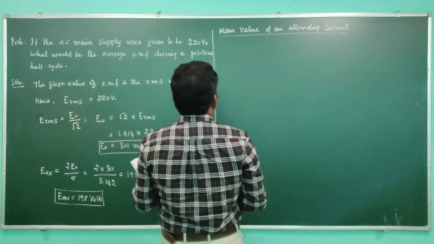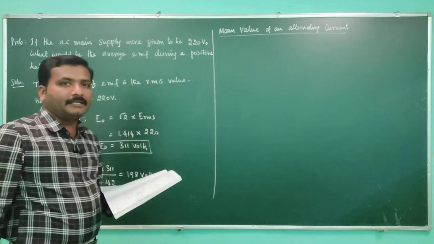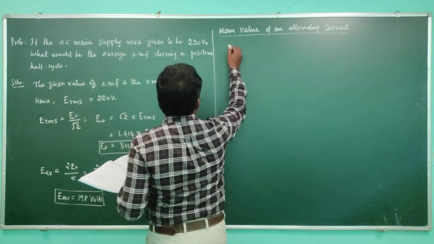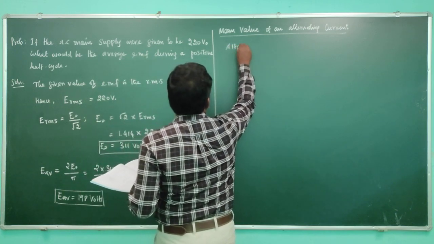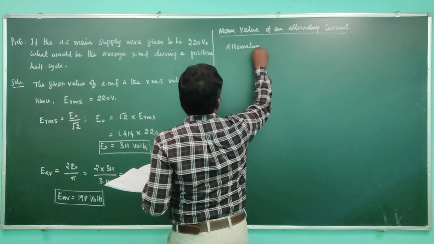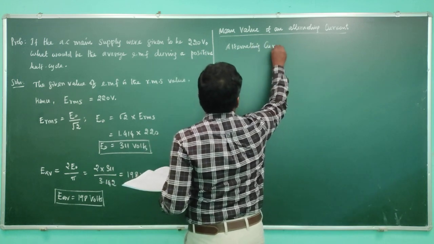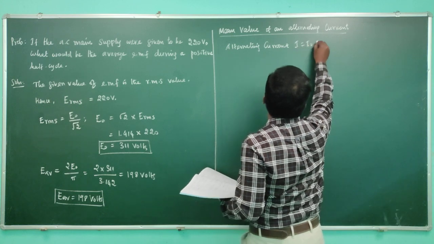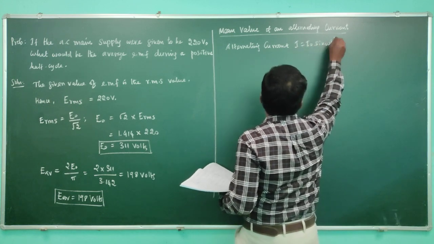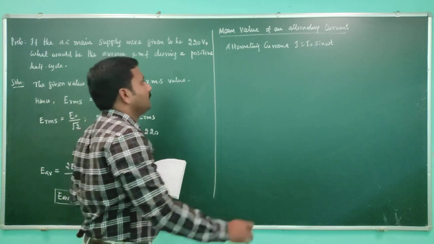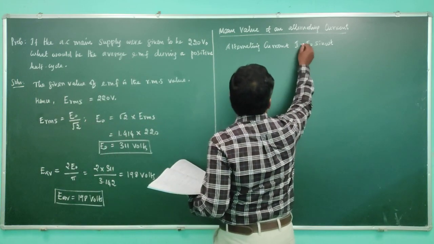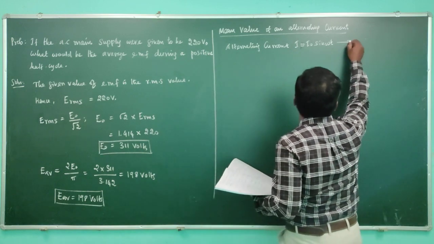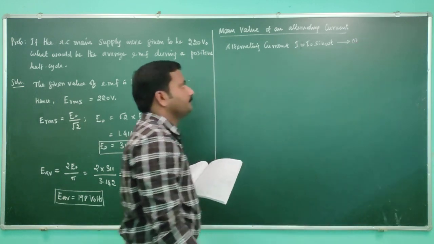For that, let us write the expression for the instantaneous current. So the equation for alternating current: I equal to I naught sin omega t. This is equation number 1.